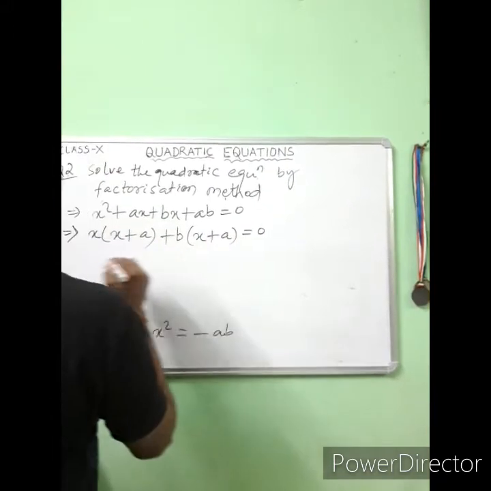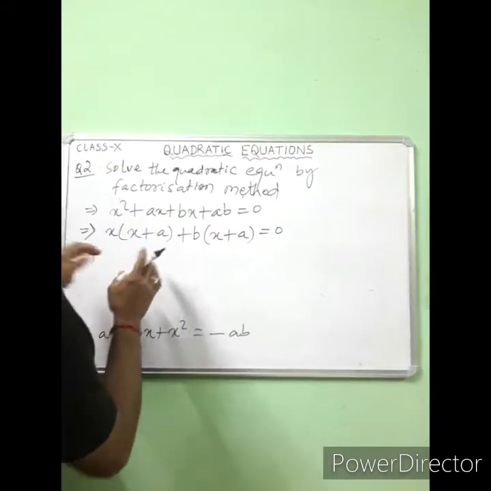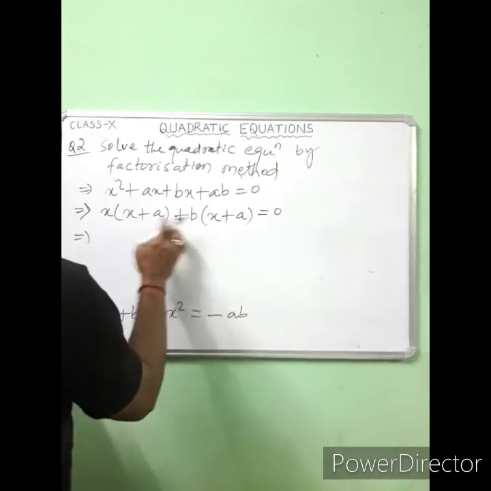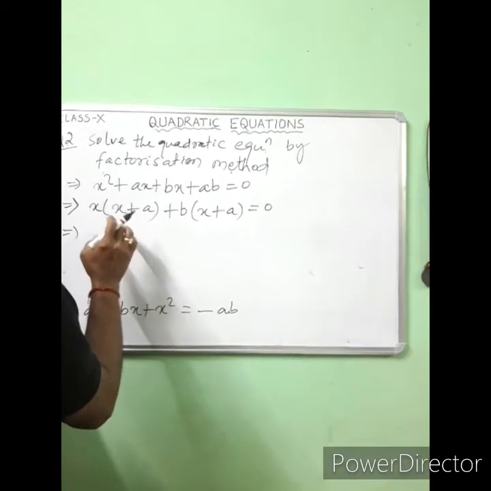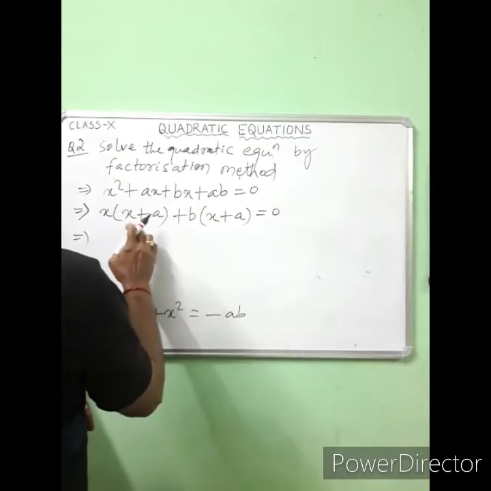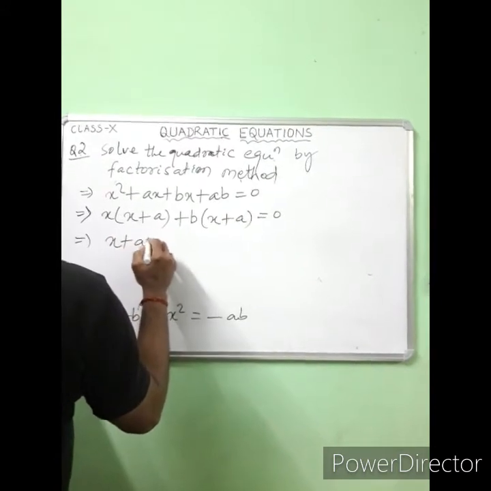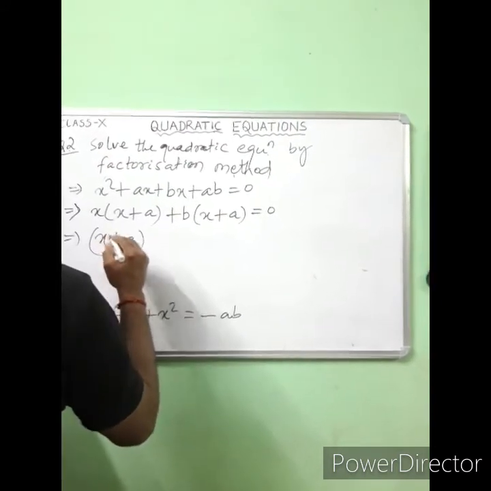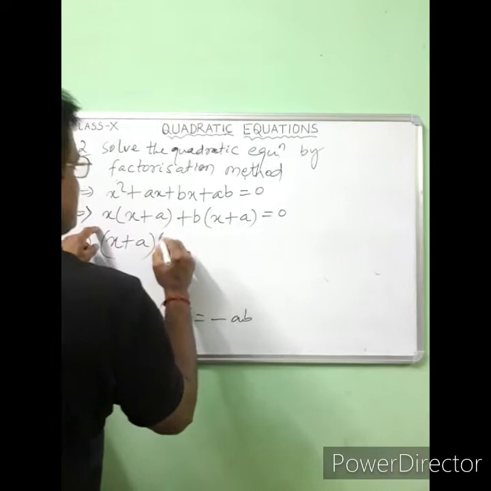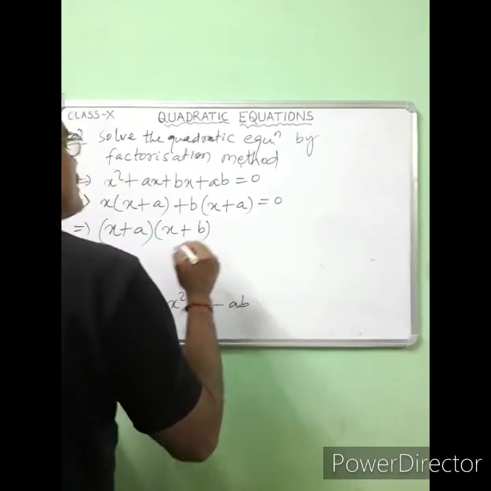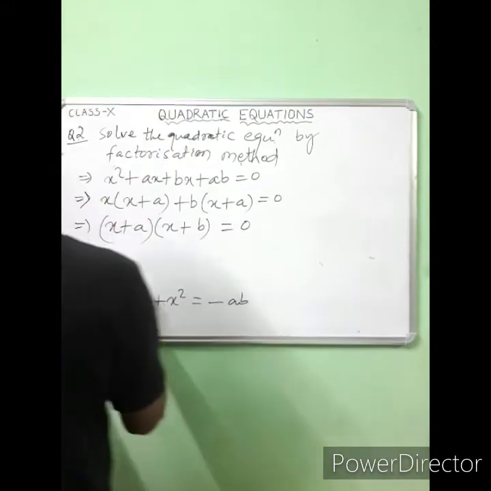That is equal to 0. Now among the two terms, which one is common? (x plus a) is common. So let us take (x plus a) as common, and the remaining is (x plus b). Clear? That is equal to 0.